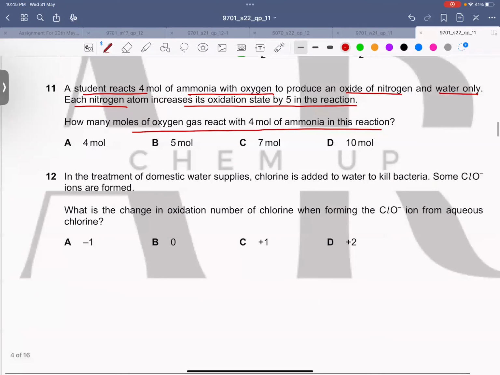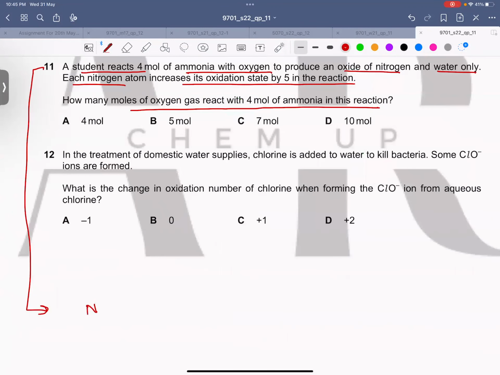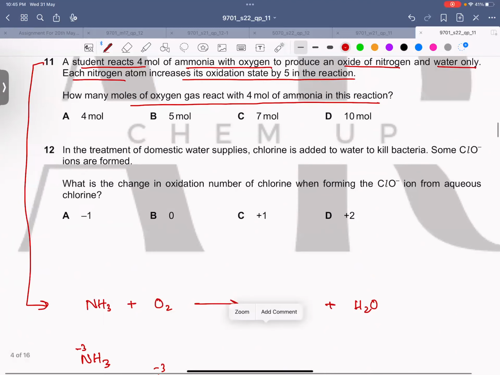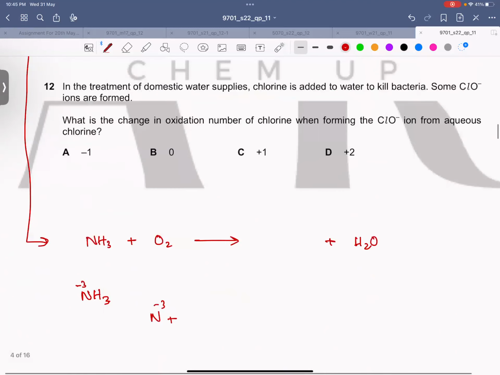For this question, let's work over here. Ammonia is reacting with oxygen. We are getting water. So in ammonia, the oxidation number of nitrogen is -3. And if nitrogen is -3 and the oxidation state is increased by 5, right?